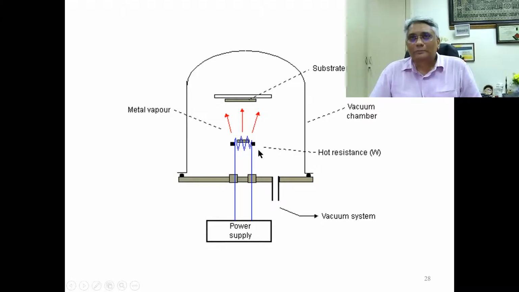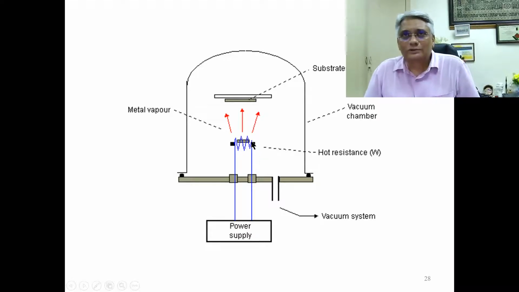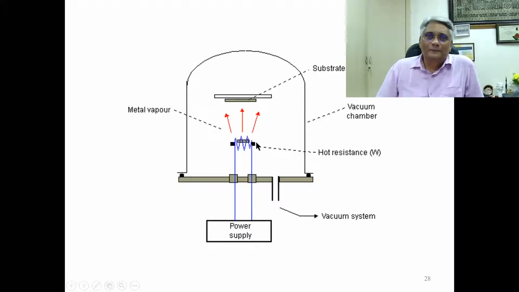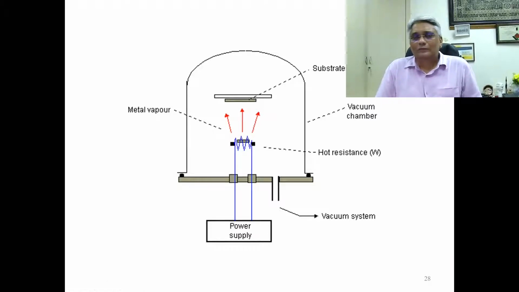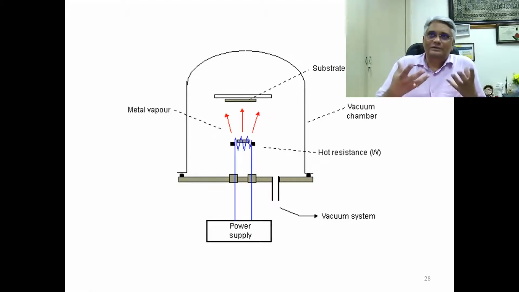I already mentioned that the thermal evaporation process is a low energy process, because the heating that you provide to the source only helps in melting the elements that are present in the melt, whether they are individual elements or in the form of a binary alloy. So there's no additional energy that these evaporated species get. It's just the thermal energy.